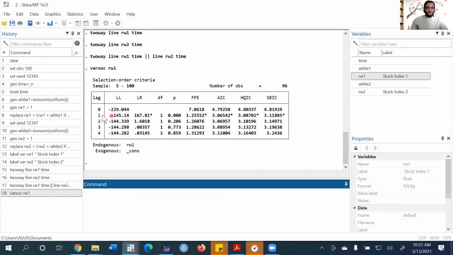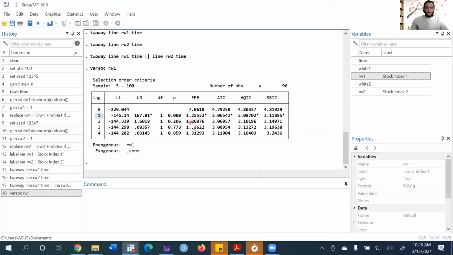We usually select the lag order based on the standard information criteria, and most studies follow the AIC criterion, depending on the minimum value of the AIC. What we can see is that when the lag is 1, the AIC gives us the minimum value, therefore we can say the optimal lag is 1. Then we can do the Dickey-Fuller test.